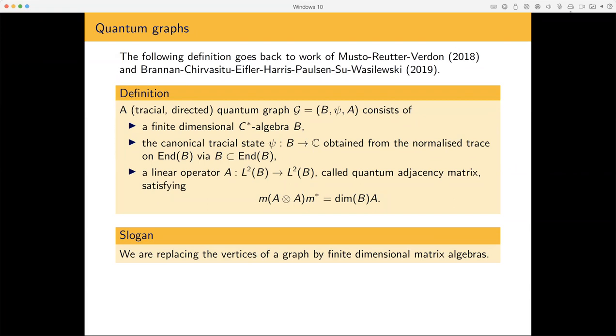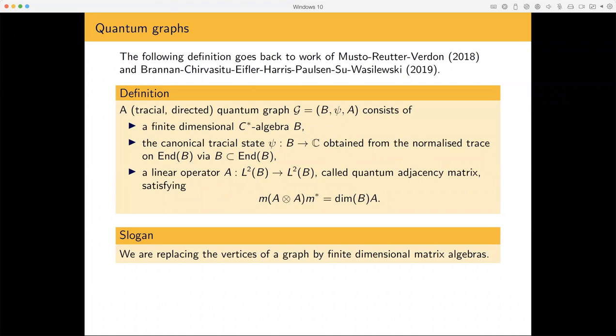It's not exactly what's in these papers because there are various small things you can change in your graphs. You can look at undirected graphs, so that's what these papers are doing. They're not looking at directed things and some other small changes. But in spirit, this is really going back to these papers.